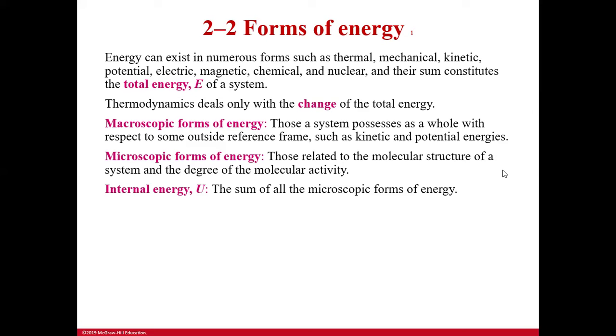Macroscopic forms of energy are those a system possesses as a whole with respect to some outside reference frame, such as kinetic and potential energy. Microscopic forms of energy are those related to the molecular structure of a system and the degree of the molecular activity. And what is the internal energy U? The sum of all microscopic forms of energy.